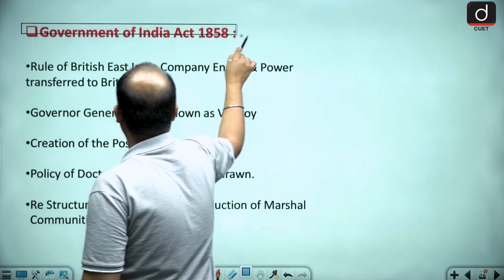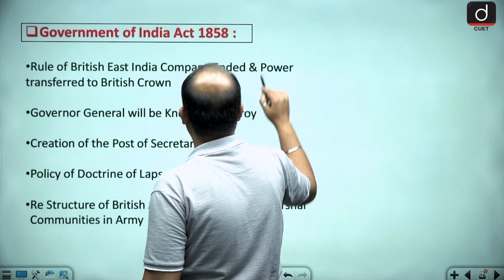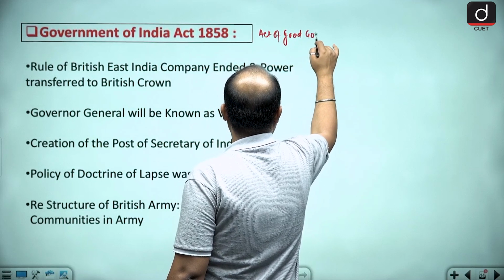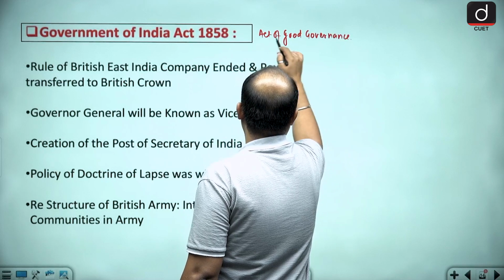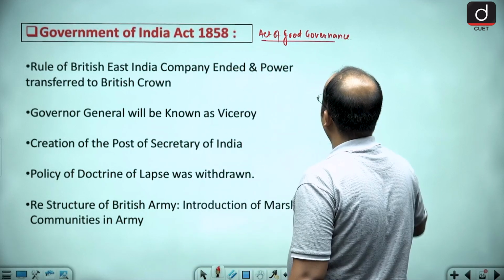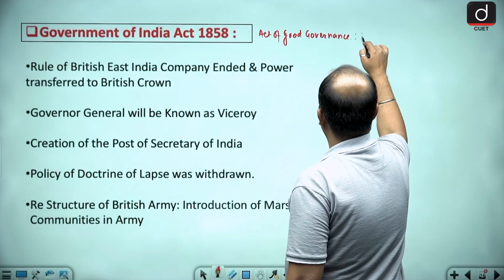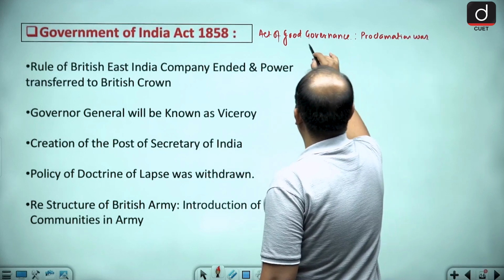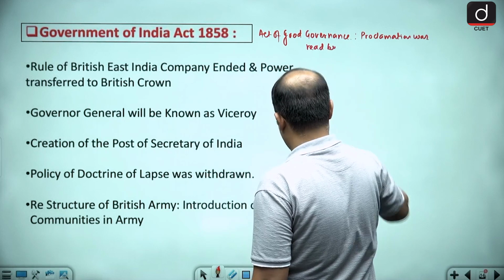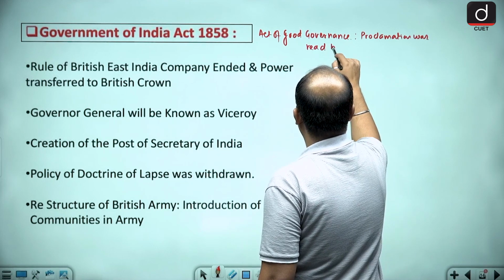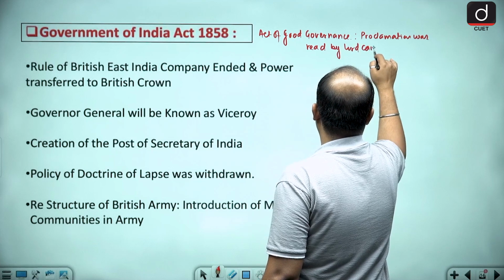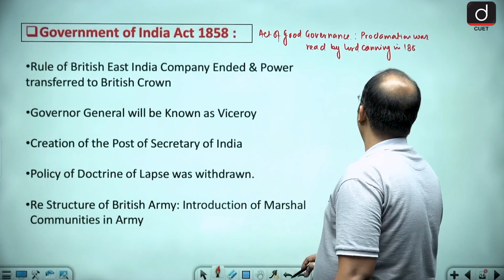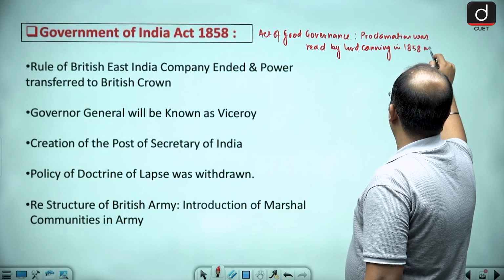This Act of Good Governance, the proclamation, was read by Lord Canning in 1858 in Allahabad.